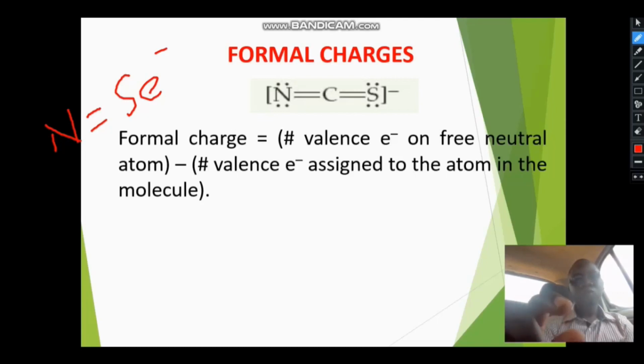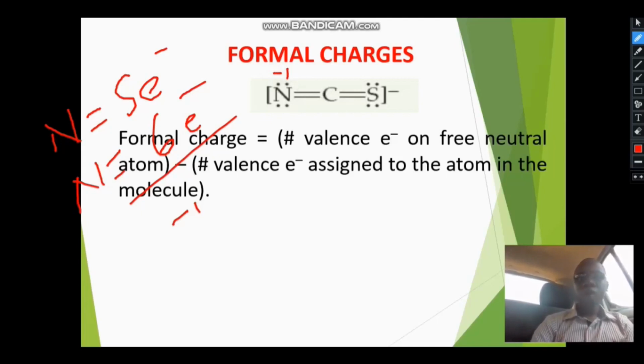Then for the bonds, we need to divide. So from the bonds, we'll get 2 electrons plus 4 electrons, so we'll say it has 6. So the total there will be -1. So nitrogen will have -1 as the formal charge.